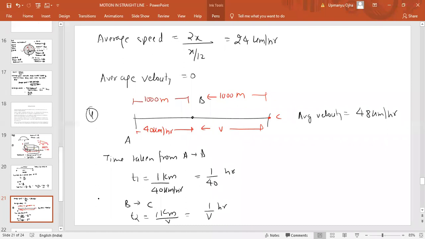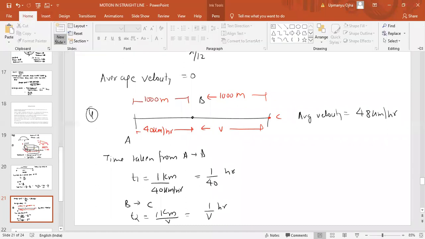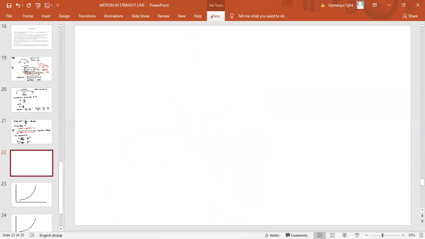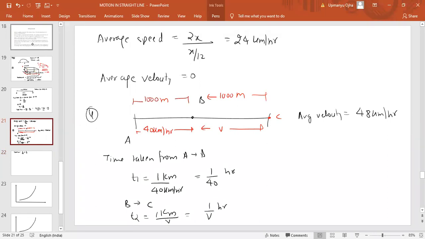So the time taken from B to C is 1 by V. So what is the total time taken? Total time taken is 1 by 40 plus 1 by V. That is the total time taken.